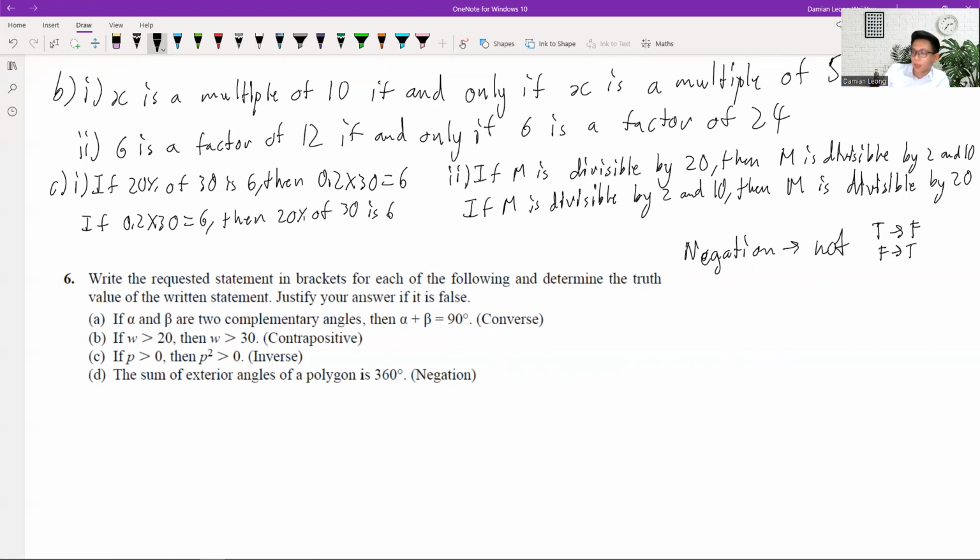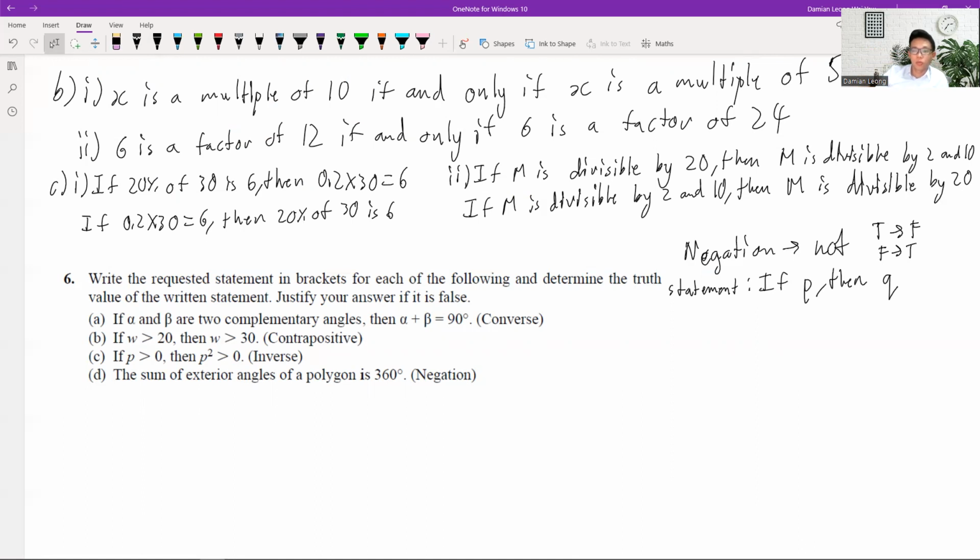Okay. Then, if we start with the statement, if P, then Q. What will happen when you converse it, inverse it, or contrapositive of the statement?